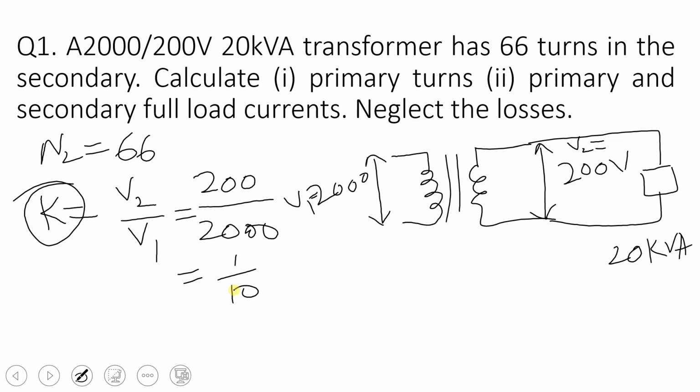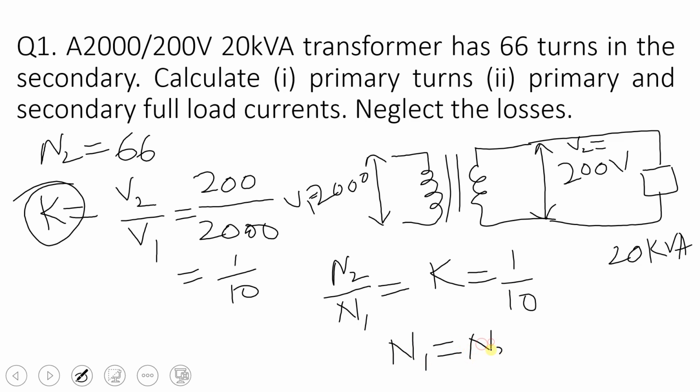And from the voltage transformation ratio, N2 upon N1 is equal to K, which is 1 upon 10, or N1 is equal to N2 into 10. As the N2 value is given as 66, 66 into 10, we can say that N1 is equal to 660 turns. So the number of turns on the primary side is 660.